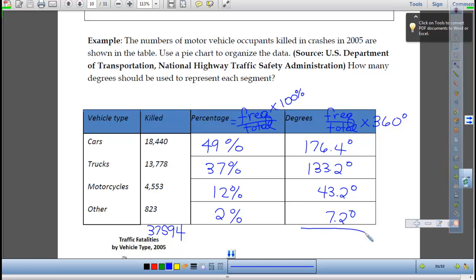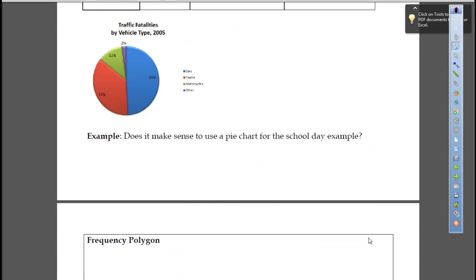All of these should add up to approximately 360 degrees. We have some round off error. But if I ask you how many degrees should be used to represent the category of motorcycle accidents, you should take the motorcycle accidents, divide it by the total, and then multiply that by 360 degrees.